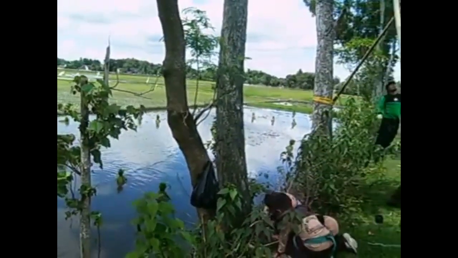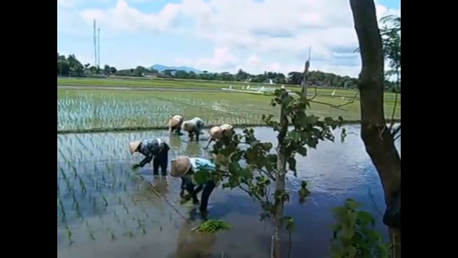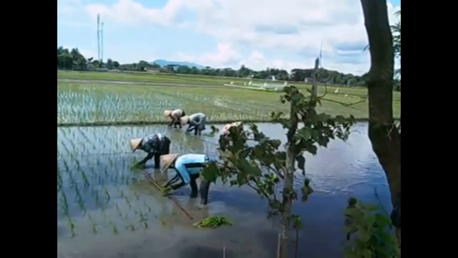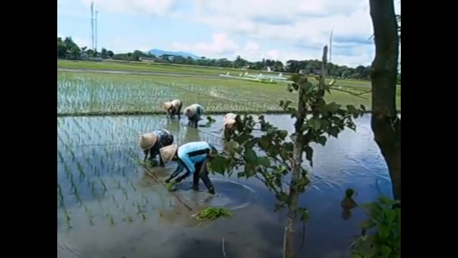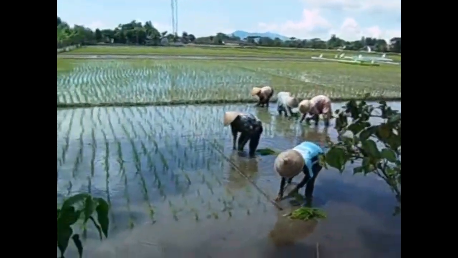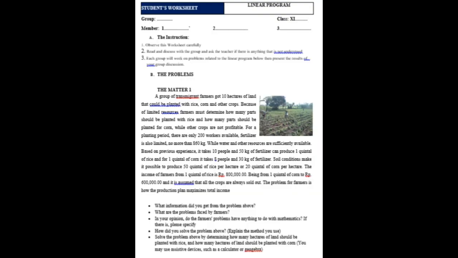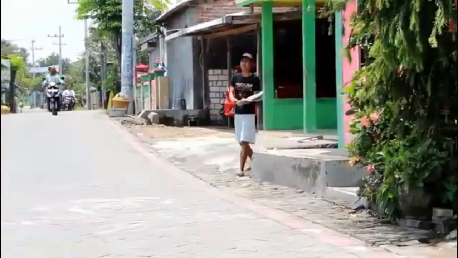Of course, you will use the linear program method to analyze the problem.